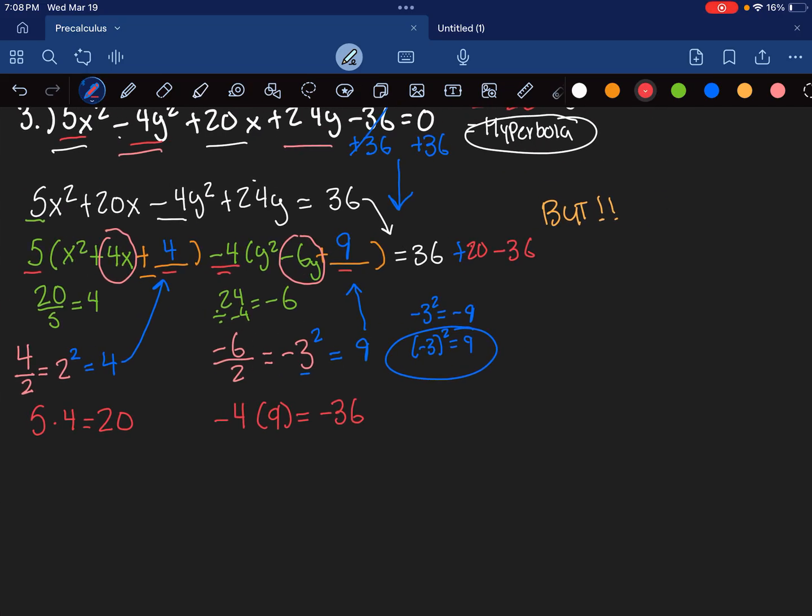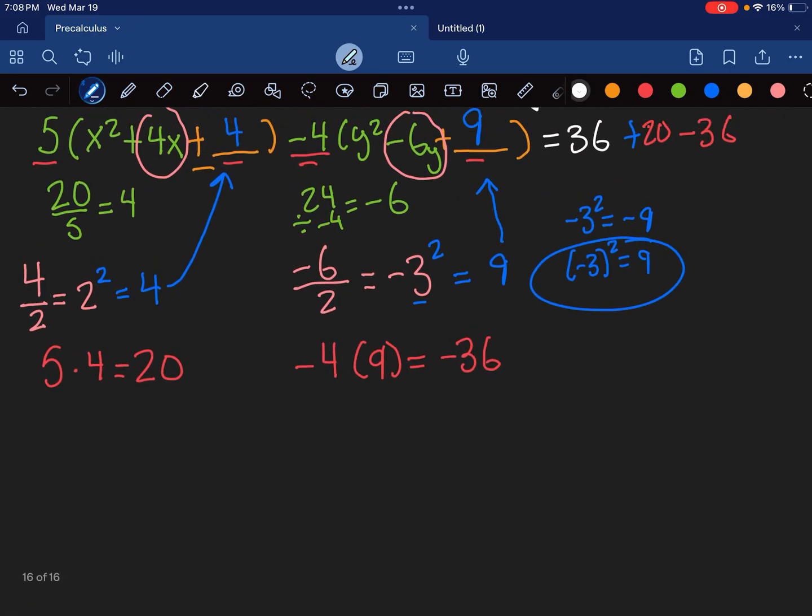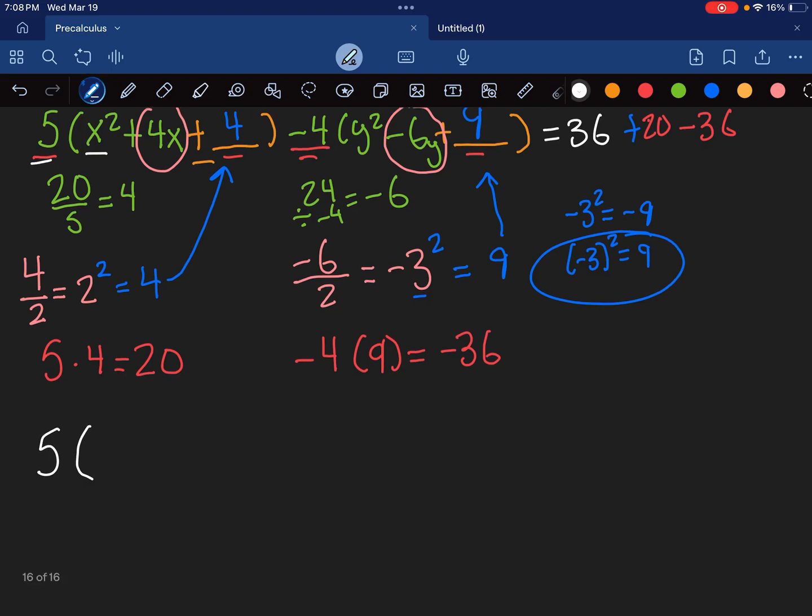Okay. Now that we figured out most of the parts of our equation, we're going to rearrange it again. So first thing you want to do is bring that first term, this 5 right here, out again down here. We're going to do a parentheses, and then we're going to take our first term, the x right here, inside the parentheses, but we're not going to square it. We're just going to put x right here.